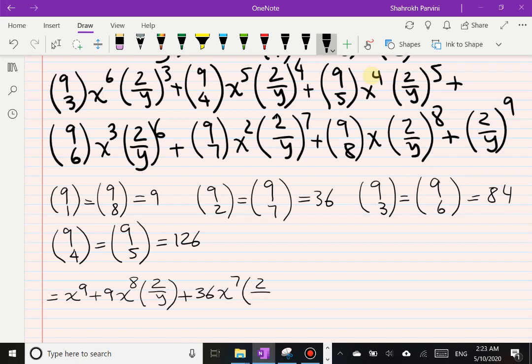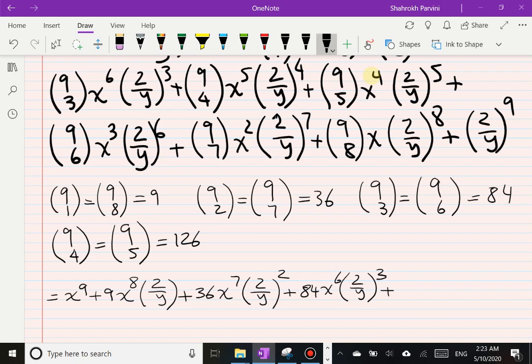You lose one exponent on x, you gain an exponent on the fraction. Then 9 choose 3 comes in, 84.